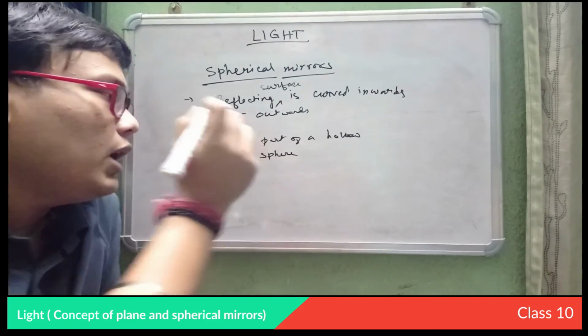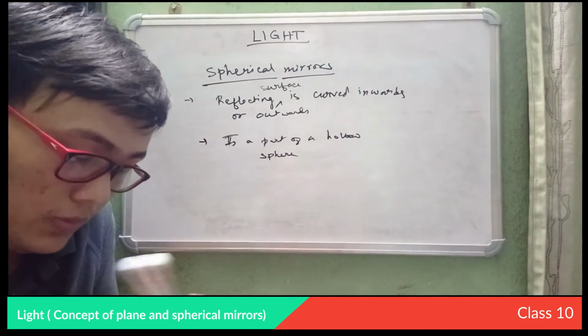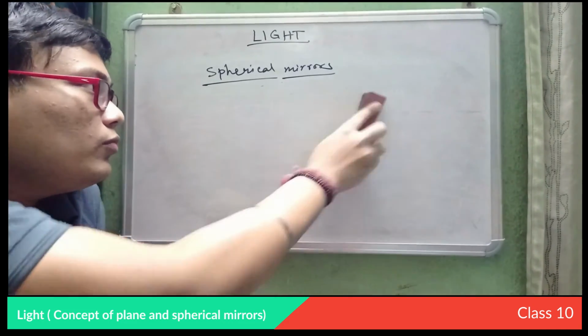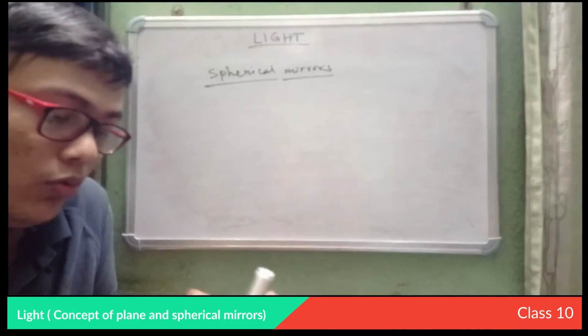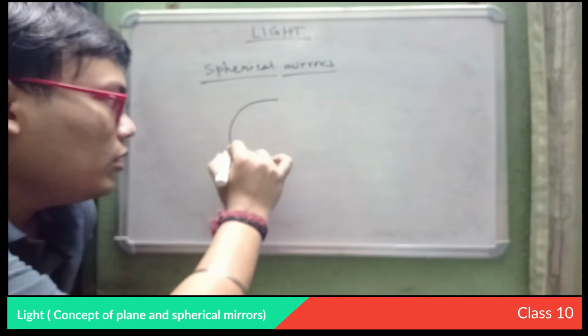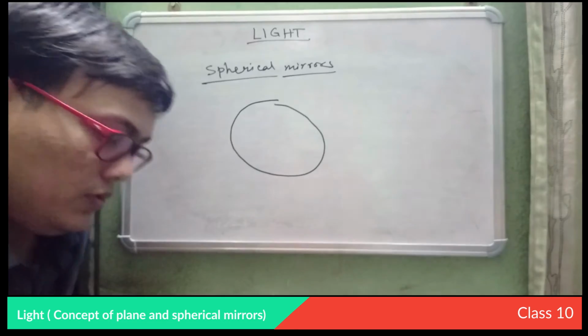Spherical mirror is a part of a hollow sphere. Now, let's take an example. By the word spherical, we know it is round. So, let's take a hollow sphere.